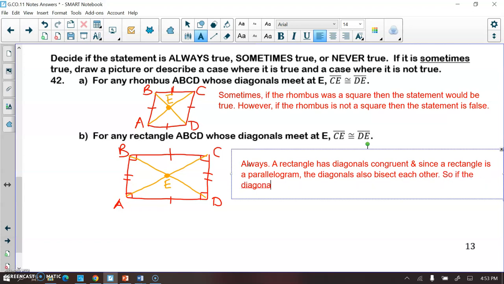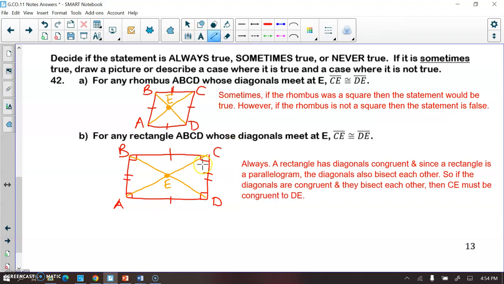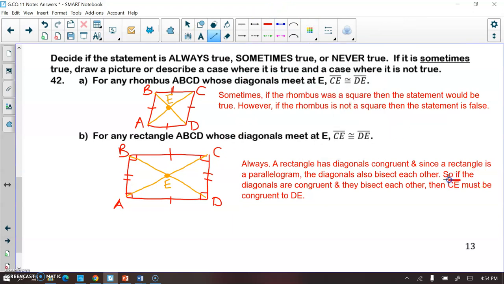So if the diagonals are congruent and they bisect each other, then CE must be congruent to DE. And make sure that you draw your little lines in above CE and DE. Okay, that's the end of this lesson. We're going to do one more set of proofs in our final lesson.